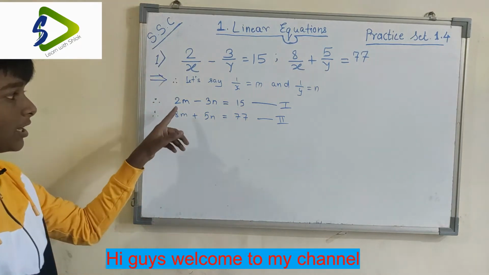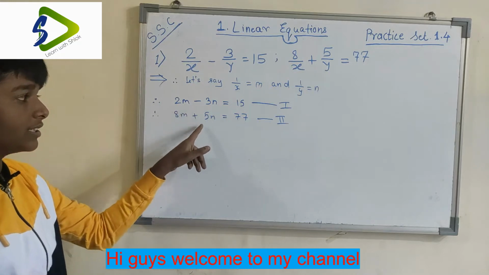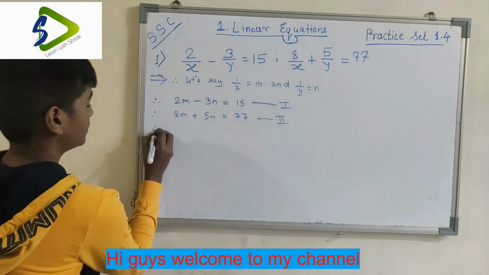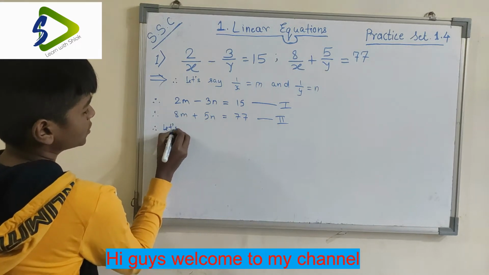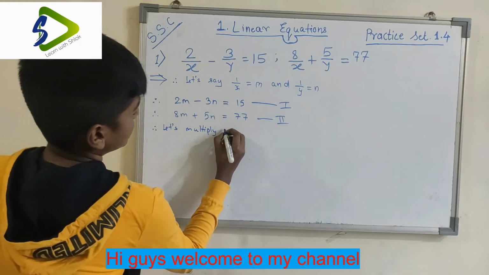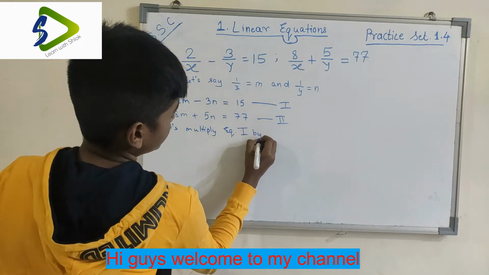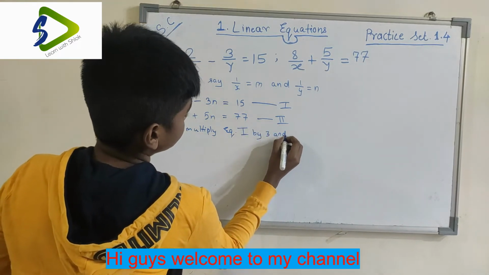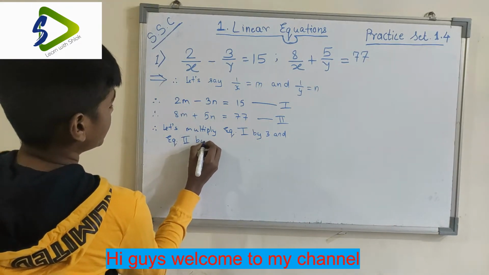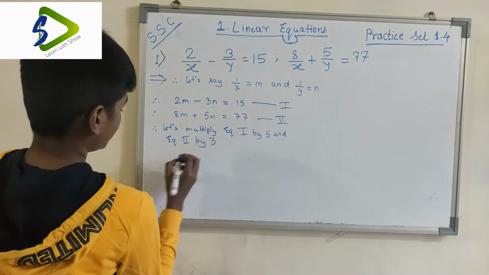Now what we have to add or subtract, let's see. If we multiply the first equation by 5 and the second equation by 3, we can cancel the n. So let's multiply equation 1 by 5 and equation 2 by 3.